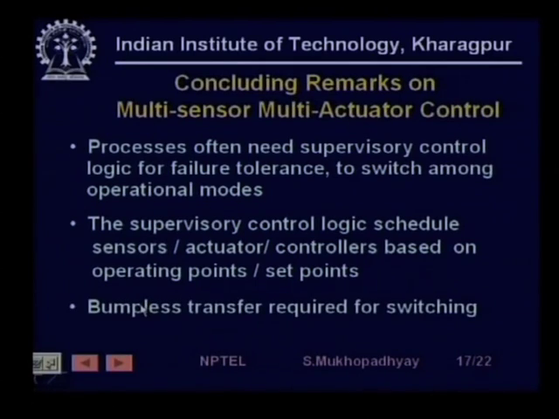And one thing you must ensure is that when you are switching from one mode to another, there are not too many bumps. We have considered bumpless transfers in the context of PID control. We should not have too many bumps when transferring from one mode to another, because that sometimes is not good for actuators or plants.